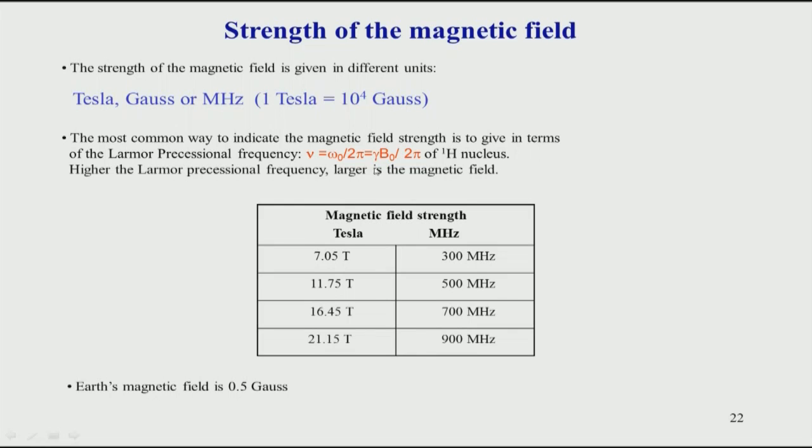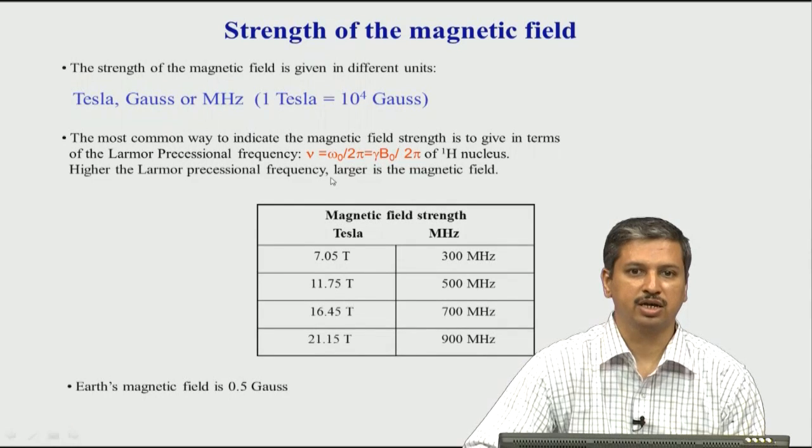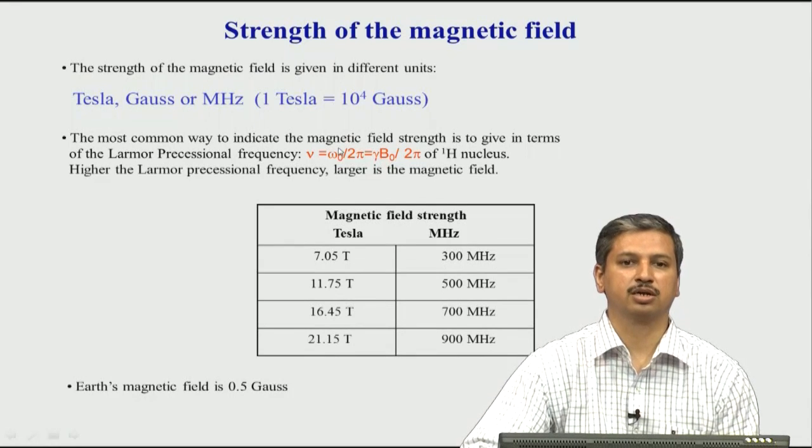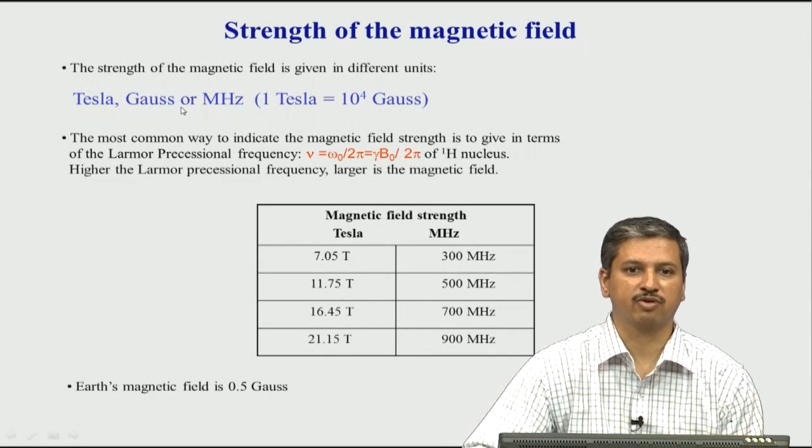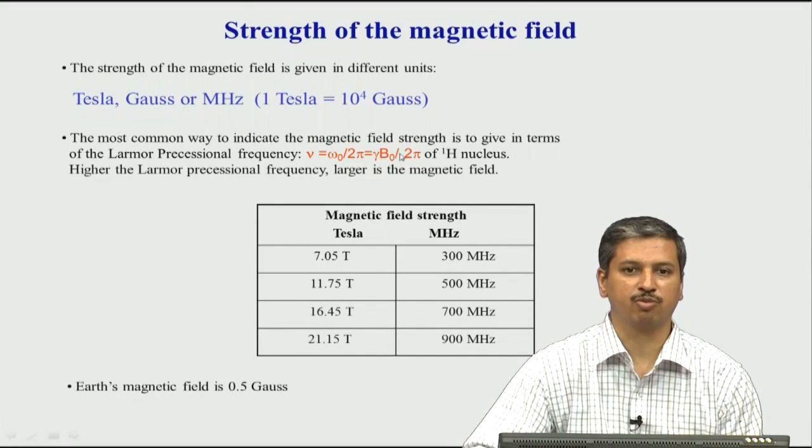This is what I showed in the previous slide: the frequency at which the nucleus precesses around the magnetic field is given by nu equal to gamma B0 by 2 pi. Here, B0, as I said, is measured in units of Tesla, or it can be in units of Gauss.